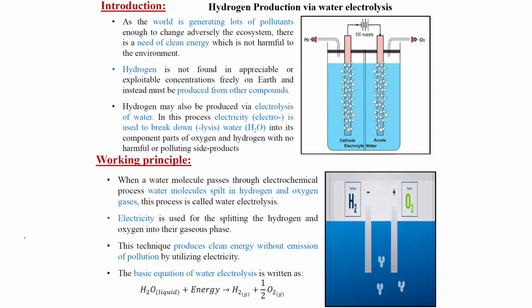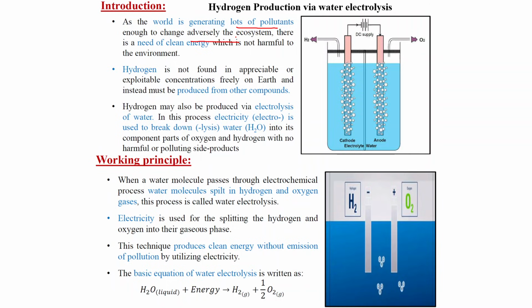Now coming on to another method, which is hydrogen production via water electrolysis. Okay. So basically, water electrolysis is currently the most trending procedure of hydrogen production. Why? That also we will discuss. As the world is generating a lot of pollutants enough to change the ecosystem adversely, there is a need for clean energy.